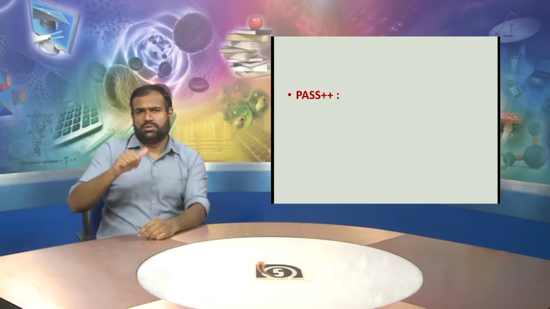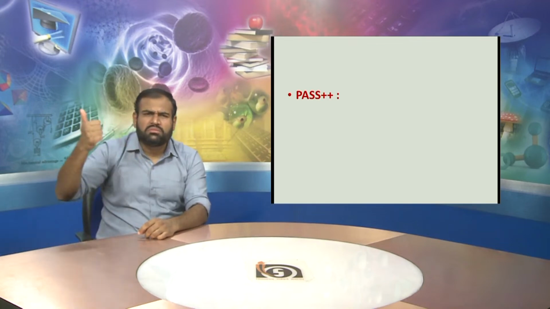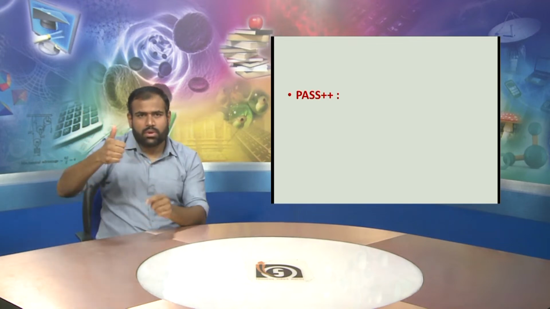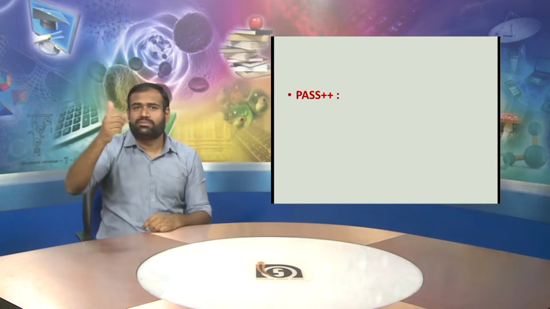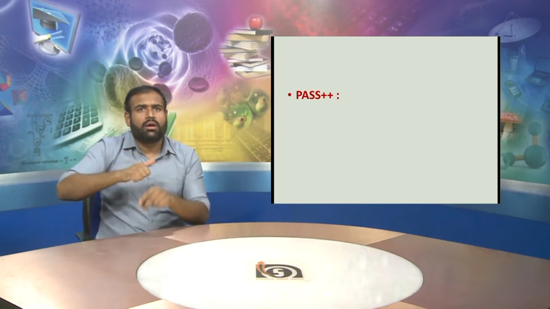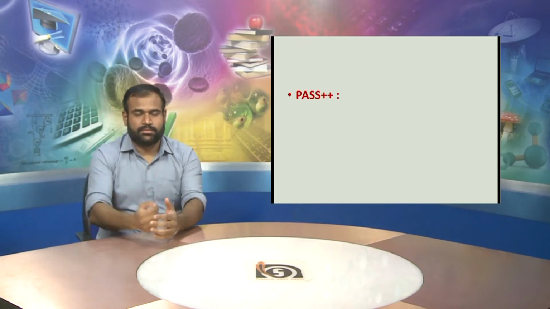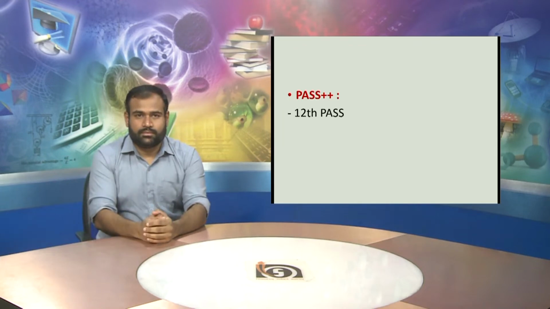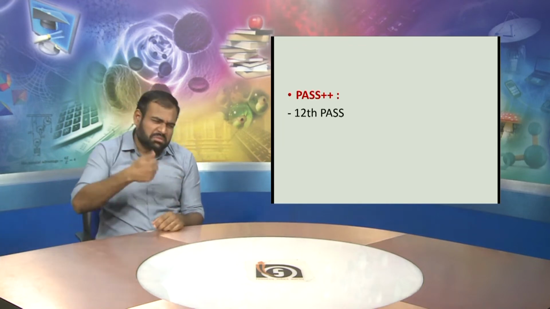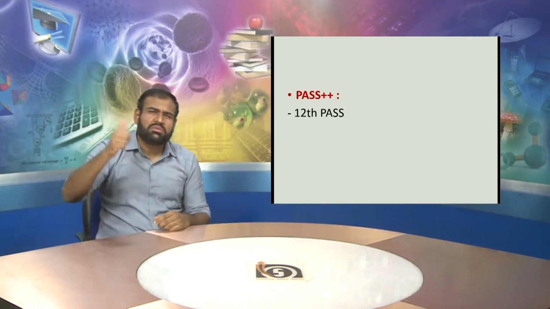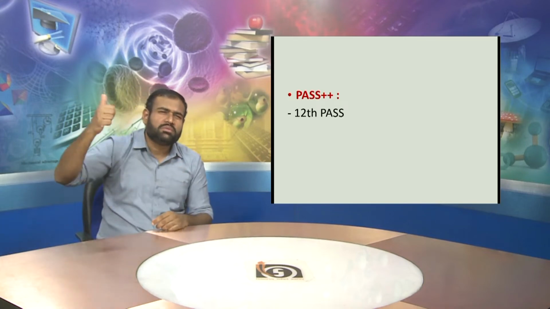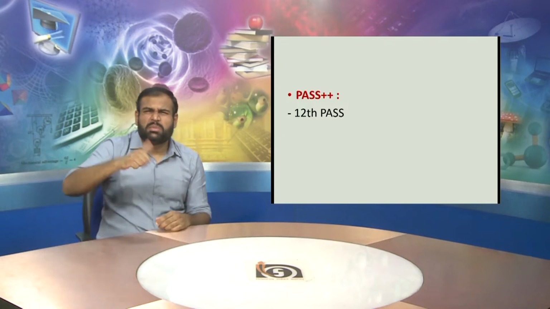Now this is another word, pass. I didn't do only one sign of pass. See some more examples. Now this, I am 12th pass. It means I am 12th pass. I am college passed.